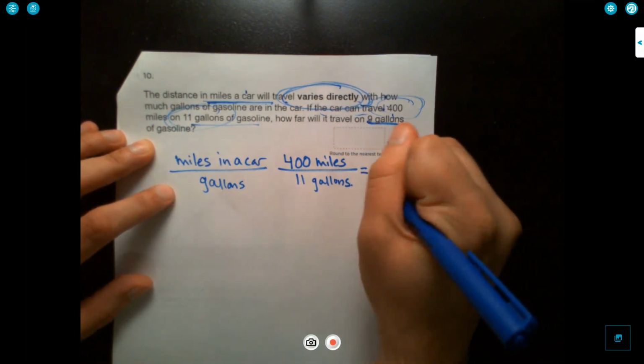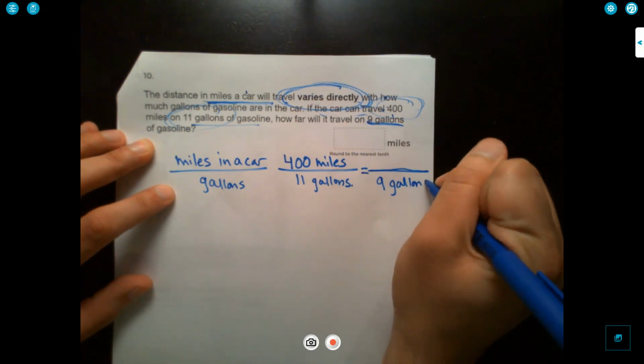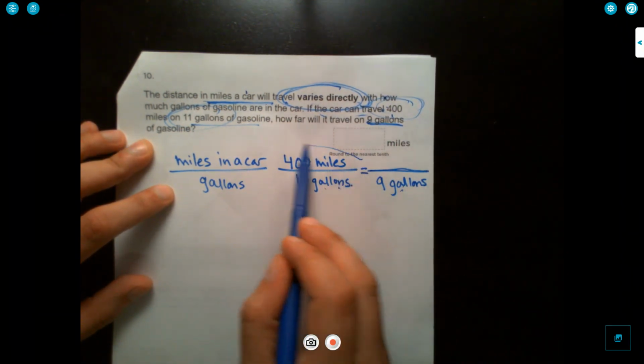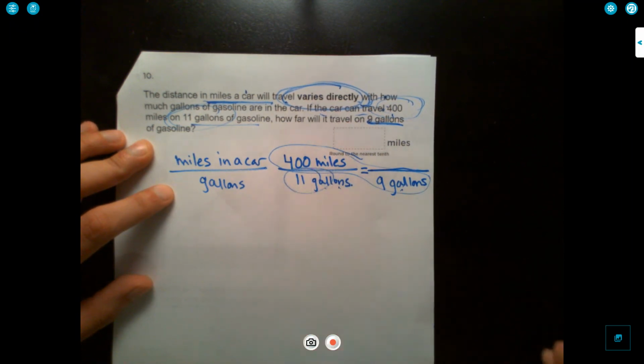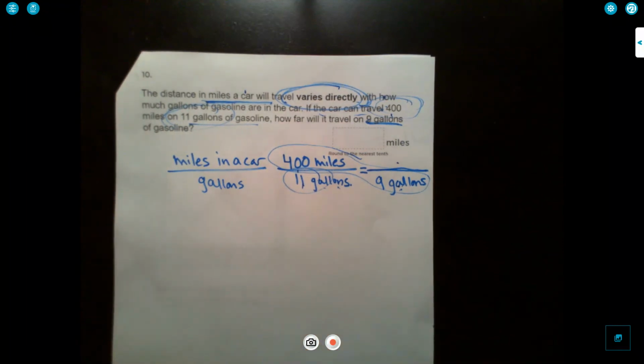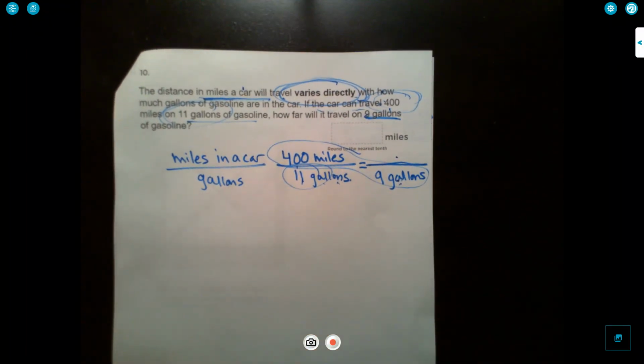So that means, in the separate proportion, I'm going to put the 9 at the bottom because gallons goes in the same row as gallons. And then this is when we cross multiply and divide. So to find out how many miles on 9 gallons based on the information that we know, I'm going to go ahead and cross multiply 400 times 9 and then divide that. Let me get my calculator back out.